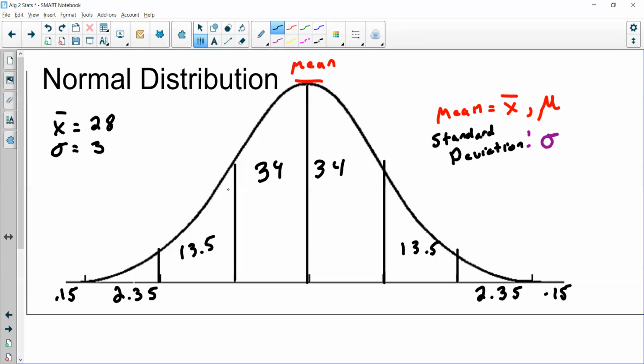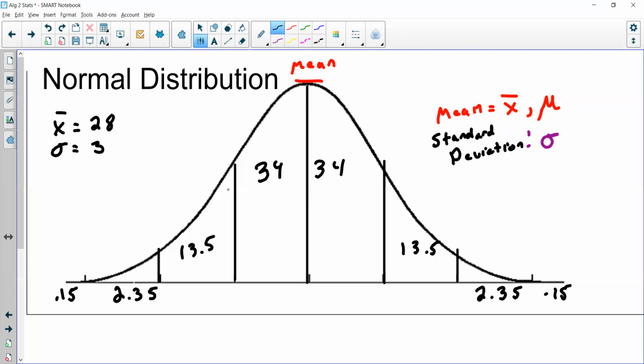What does the mean mean again? The average. We know what the average is? I'm telling you the average, which is 28 in this case. And standard deviation is 3. You'll see how it'll be used in a second.